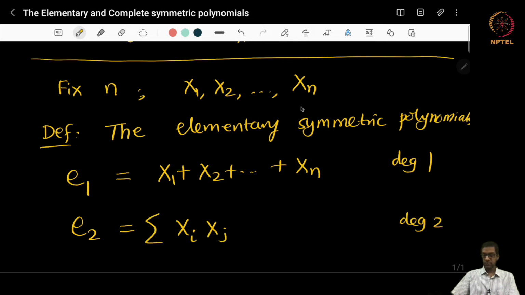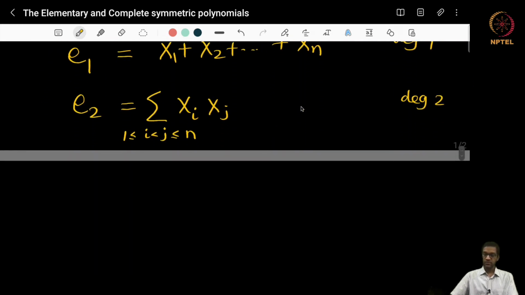Now for it to become symmetric, I should sum over all possible pairs i j, and I don't want to repeat, meaning I don't want to think of x1 x2 and also take x2 x1. So in order to ensure I only get one of those possibilities, I will just put i less than j. So what sorts of terms will this have? x1 x2 plus x1 x3 plus x2 x3 and so on. Okay, all possible sums of xi xj. So this fellow has degree 2.